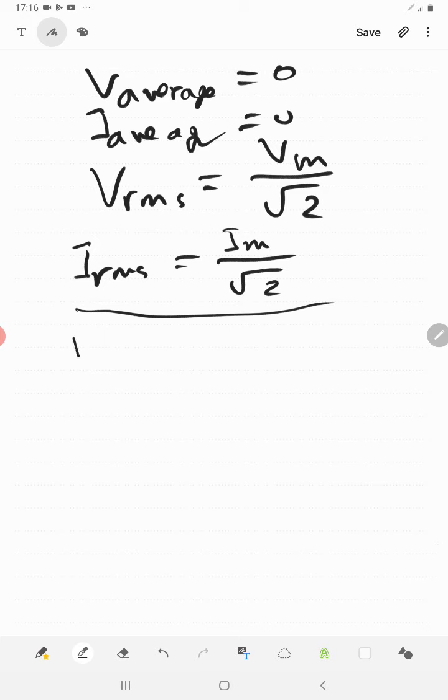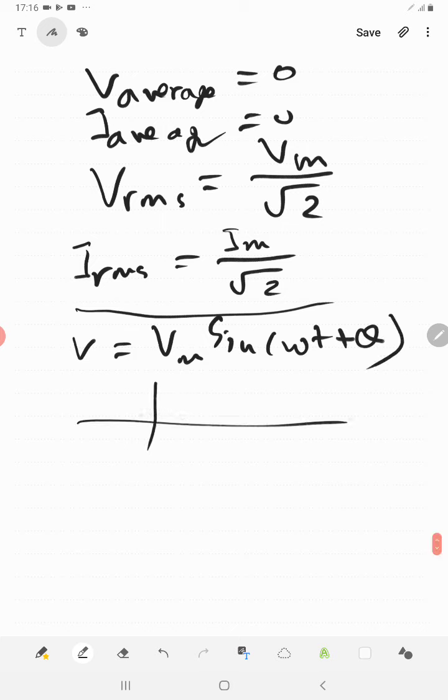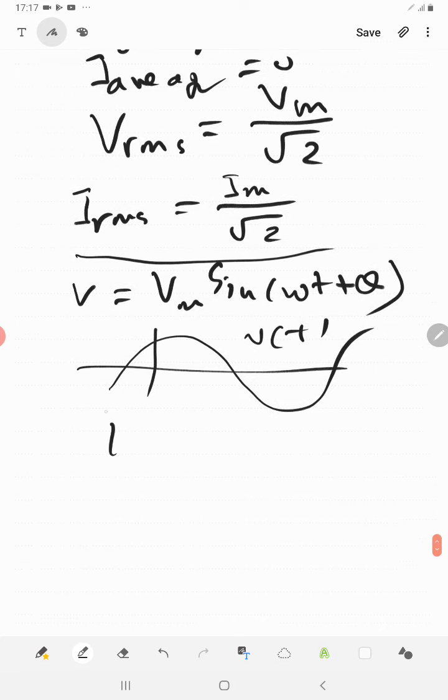Now, when we come to these currents and voltages, we can represent them in the time domain. For example, V equals V maximum sine omega t plus theta, so V is a function of t. This is the time domain representation.